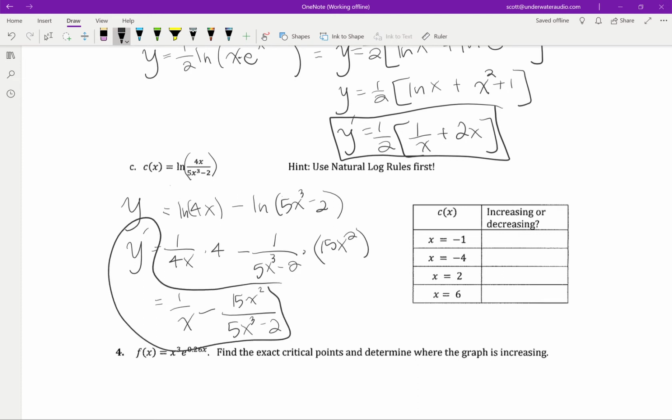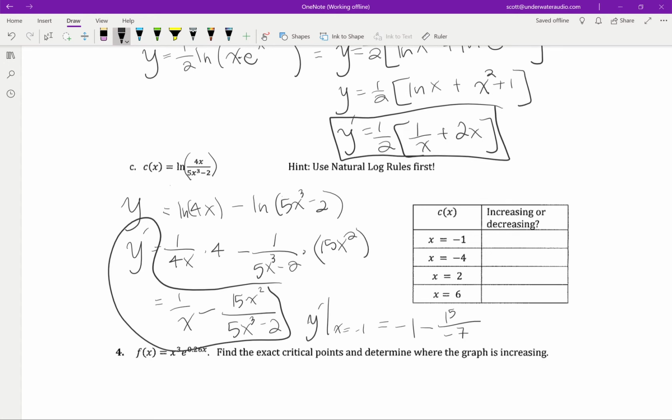And then I need to figure out what that is at -1. So when x equals -1, y prime is 1 over -1, so -1, and then minus 15, let's see, -5 minus 2, which is -7.